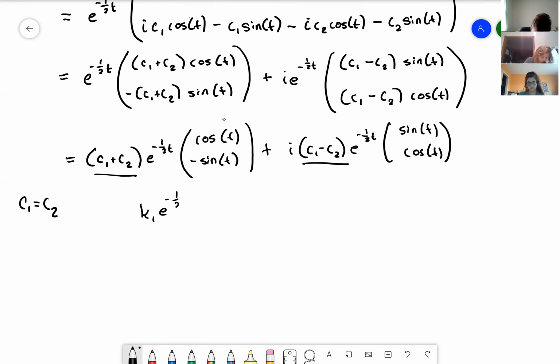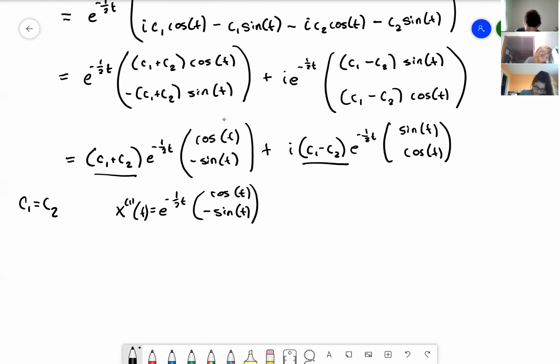E to the minus 1/2 t cosine t plus minus sine of t. And this will give us any constant multiple of that. This will give us our first solution. So e to the minus 1/2 t cosine of t negative sine of t.